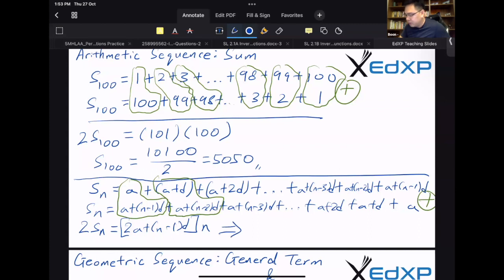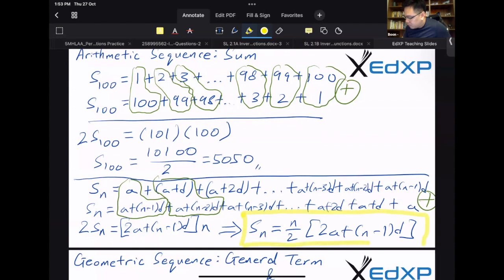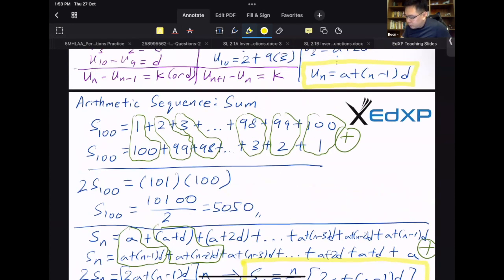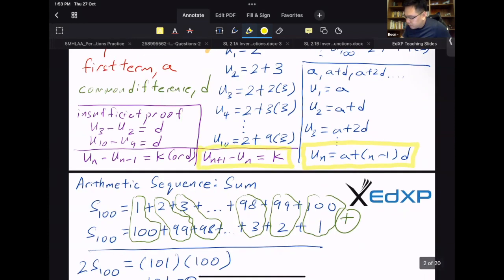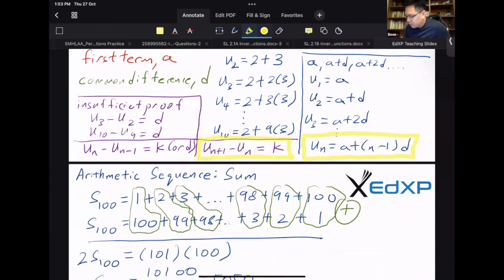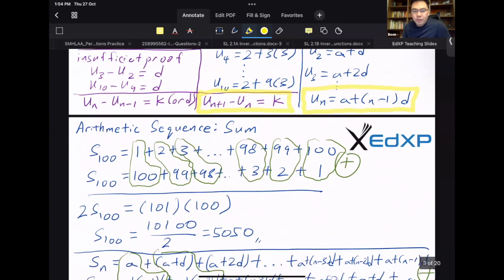Therefore, this brings us to our general formula. The sum of n terms is n over 2 times (2a plus (n minus 1)d). Let me highlight this. So this is the second formula you need to know. Third formula, actually. So you will also need to know the proving of the formula. 3 formulas for the arithmetic sequence.